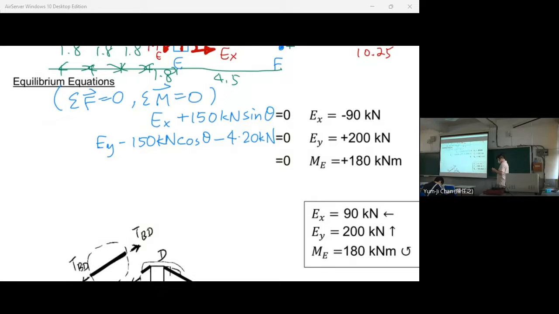And also think about whether you need to write anything in front of the equations.